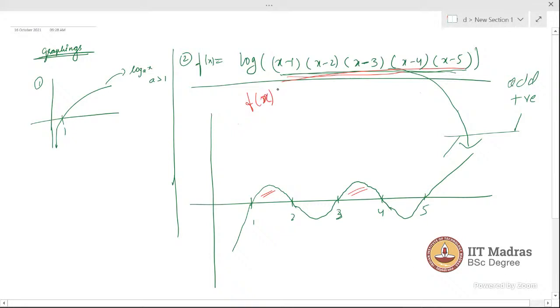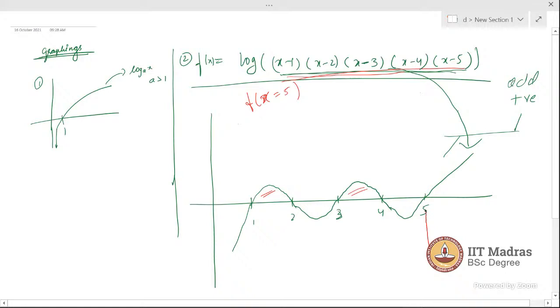At x equals 5, what will be the value of f of x? Could you tell me? Zero. It will not be zero. Undefined. Not defined. So at 5, it will go something like this.